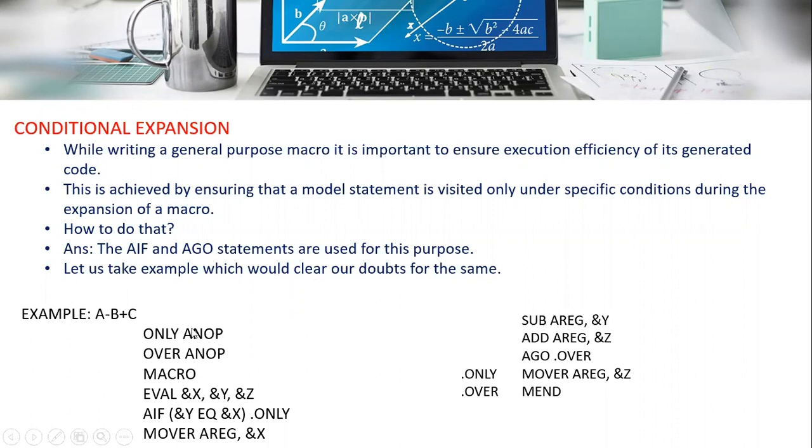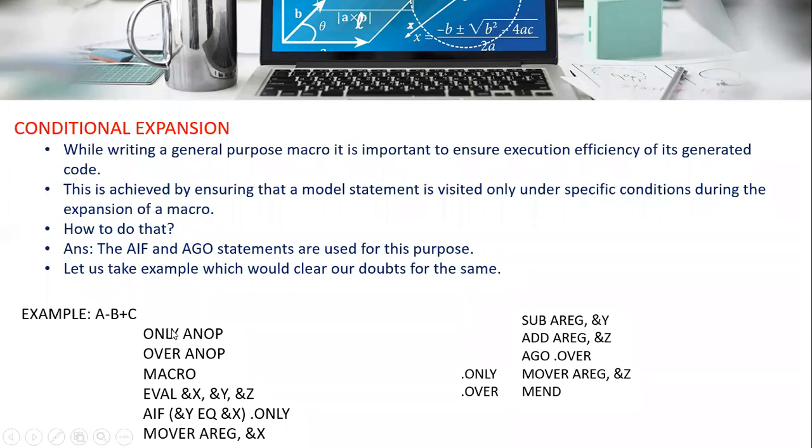In this case we consider the expression A minus B plus C. To write the macro corresponding to this expression, we first perform A minus B, and then B plus C. Here we use a particular macro definition.